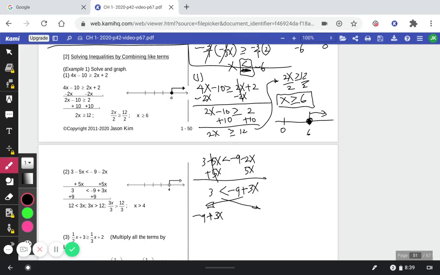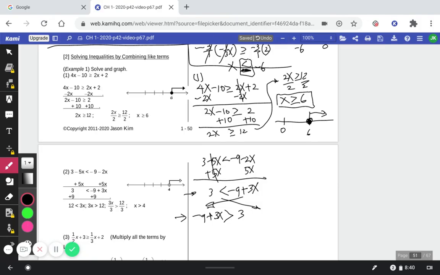When you switch it, the direction follows it, so the direction also switches as a result. The way you read the first one was 3 is less than negative 9 plus 3x. After you switch it, the way you read it is negative 9 plus 3x is larger than 3.